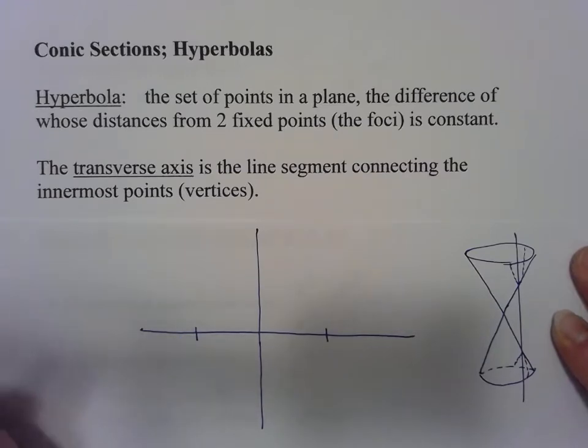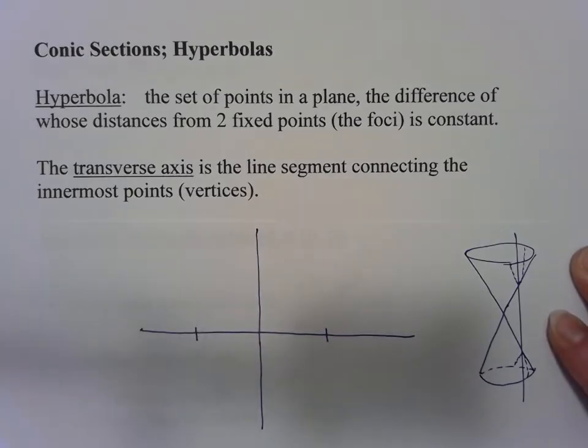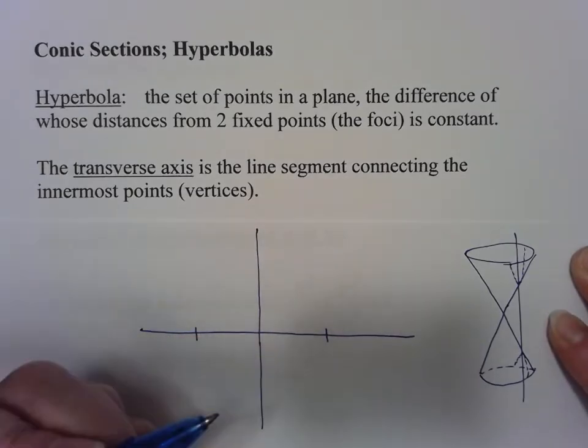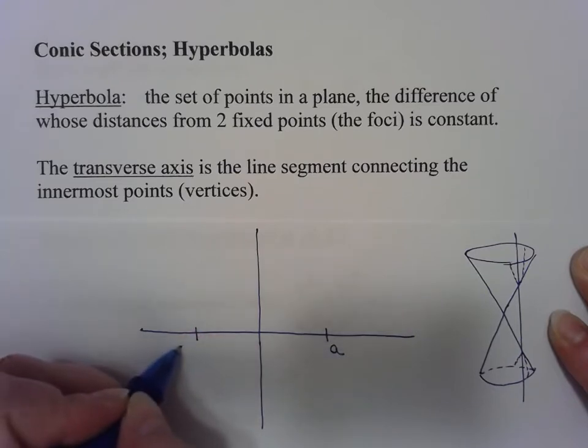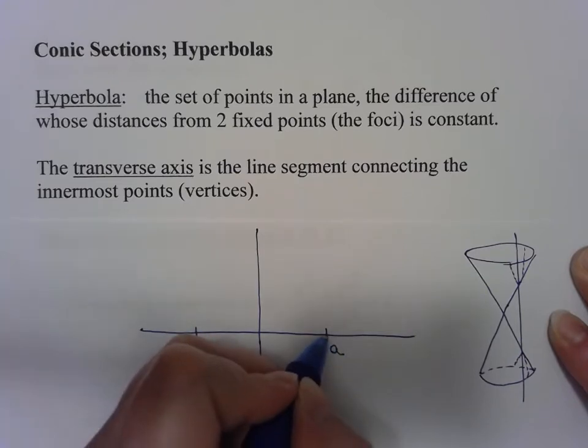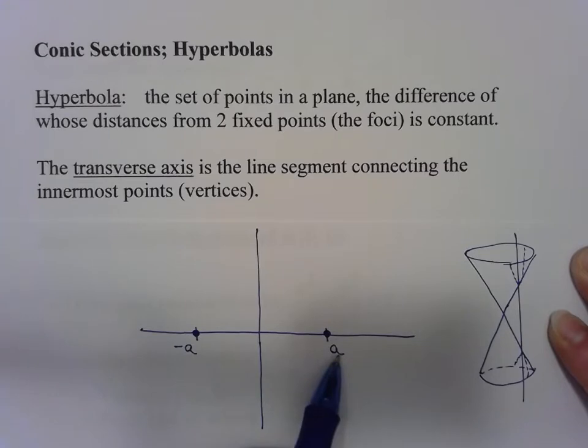So if it's horizontal, we're going to have two curves, but before I draw the curves, the way we usually draw this is to draw a little dotted box to help us. Just like for the ellipse, we're going to have an A, and if it's horizontal, it will be on the x-axis.